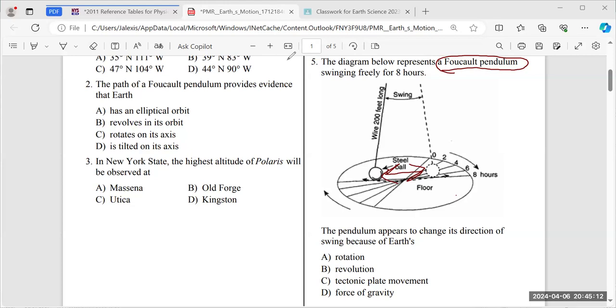And so this device provides evidence of the Earth's rotation, not revolution. All right, the Earth's rotation.